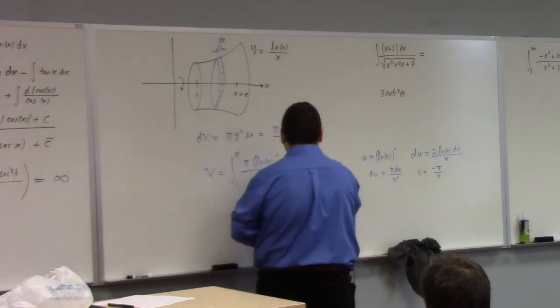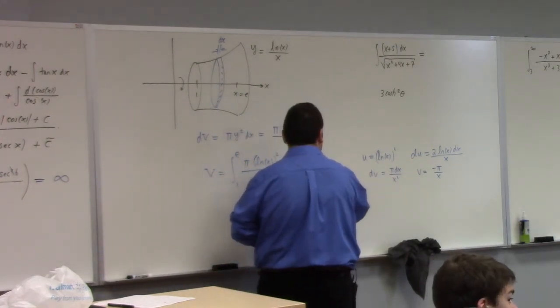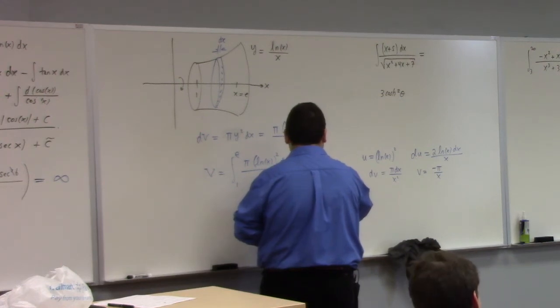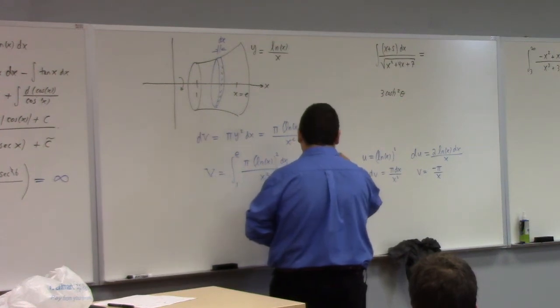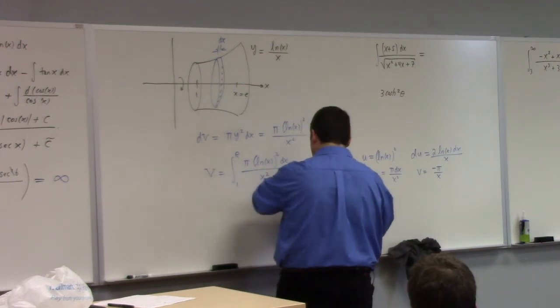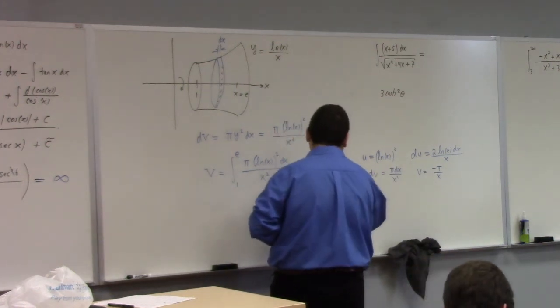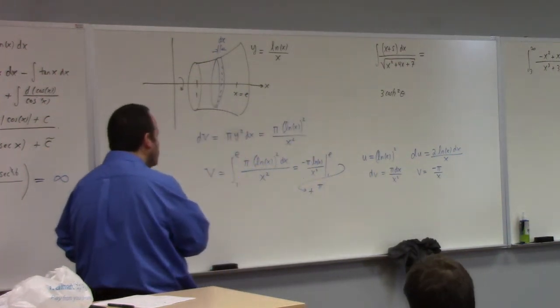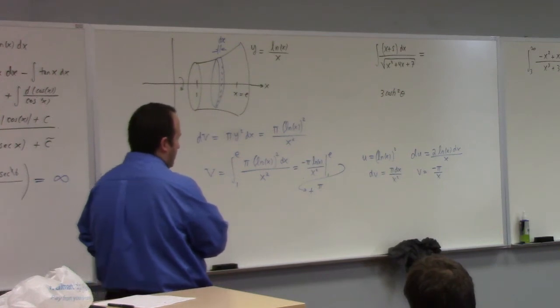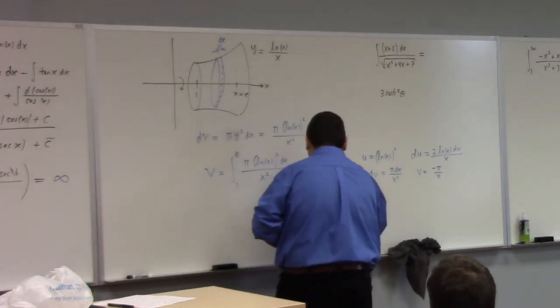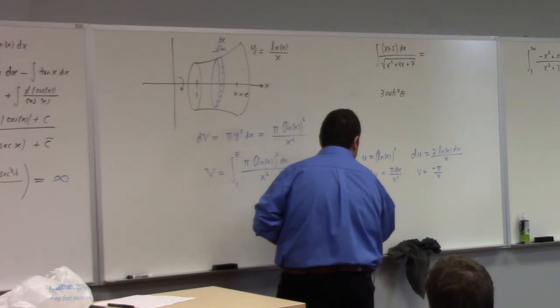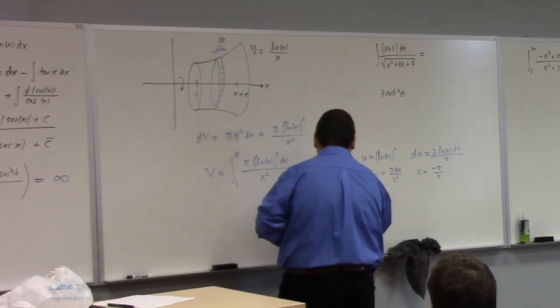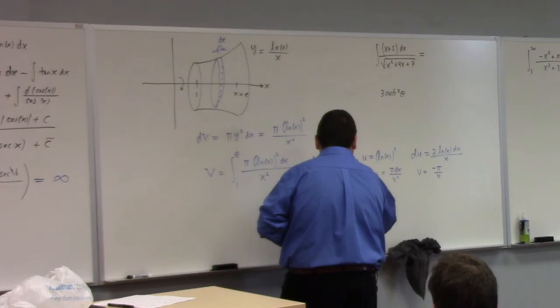All right. So I've got minus pi natural log of x over x squared evaluated from 1 to e plus pi, let's see here, integral from 1 to e v du, right? So pi over x times 2 natural log.